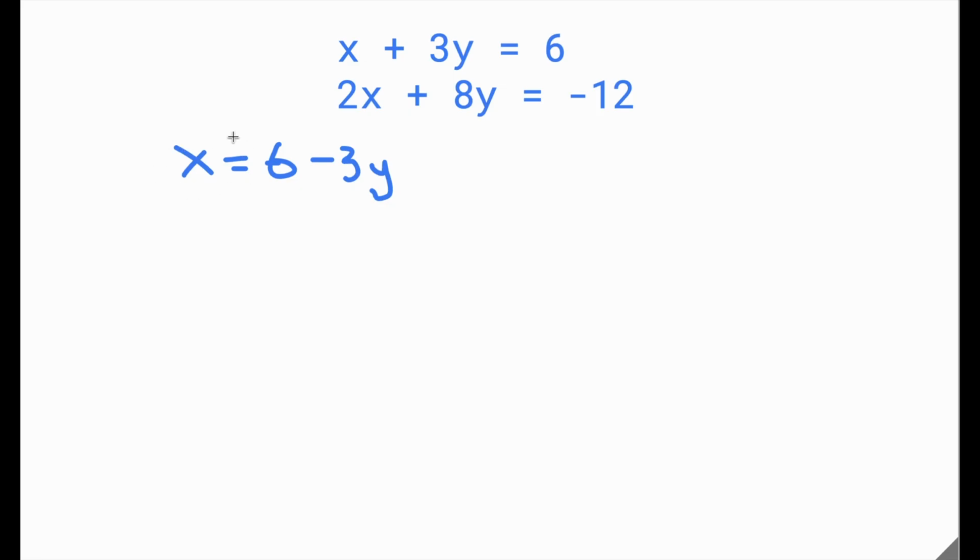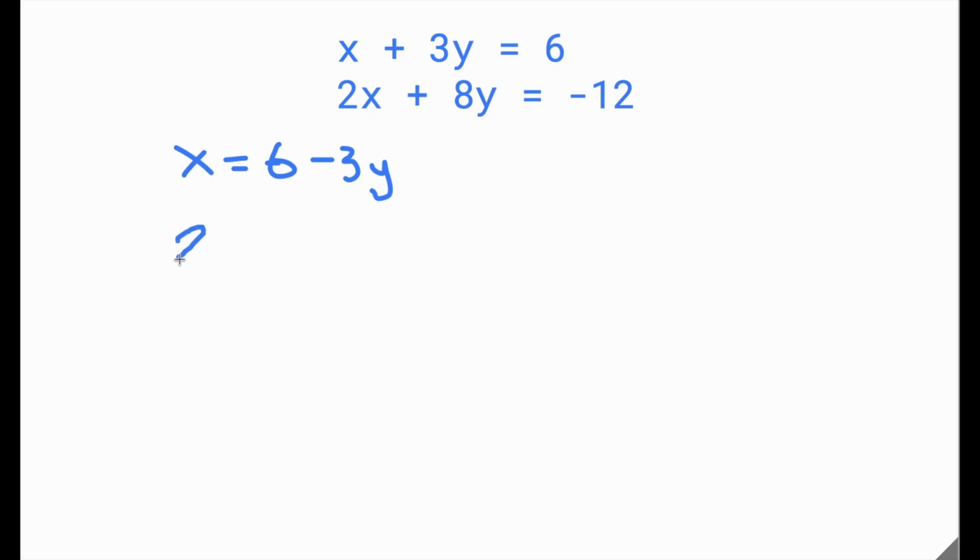So now that I've isolated x, I can look at my other equation. My other equation is 2x plus 8y equals negative 12. Since I have this x right here, and I determined previously that x equals 6 minus 3y, I can plug this expression into the x value in my other equation.